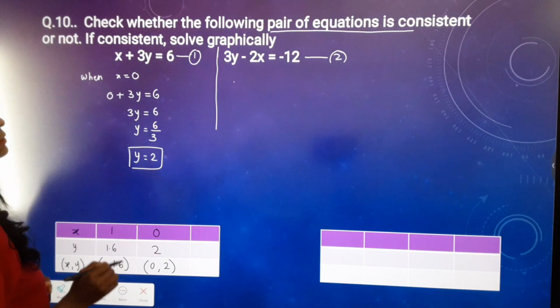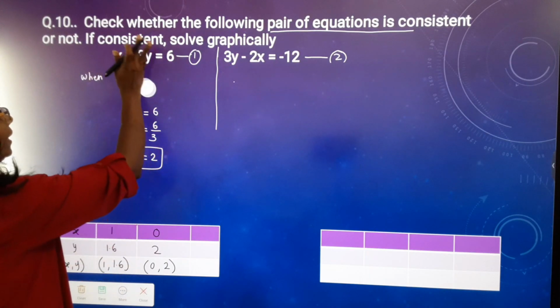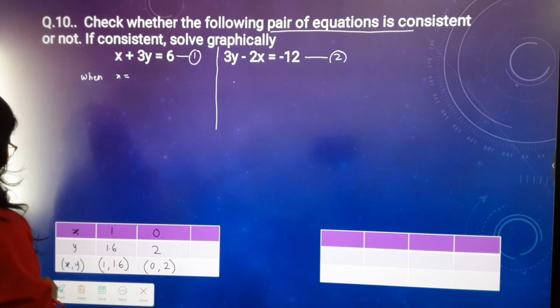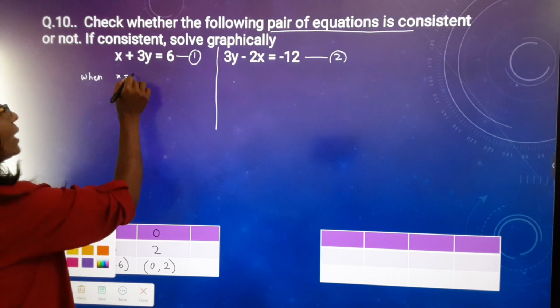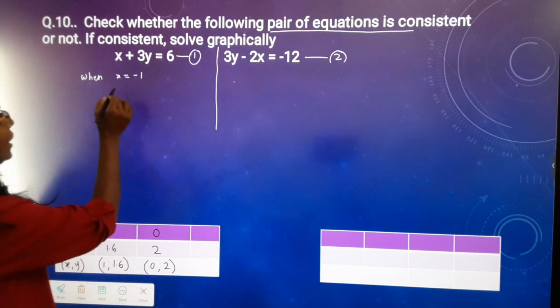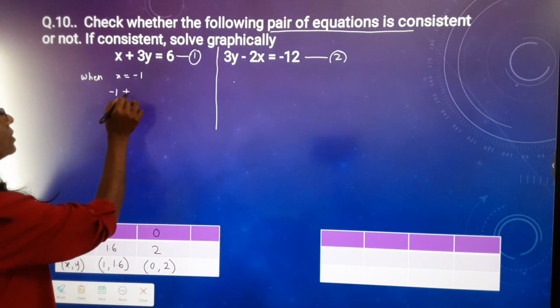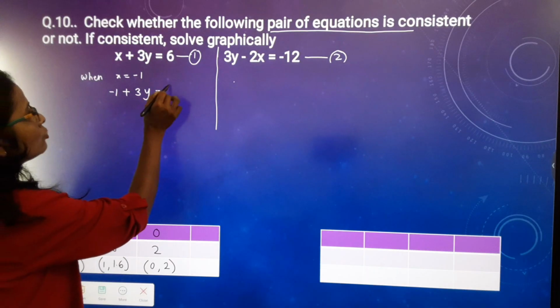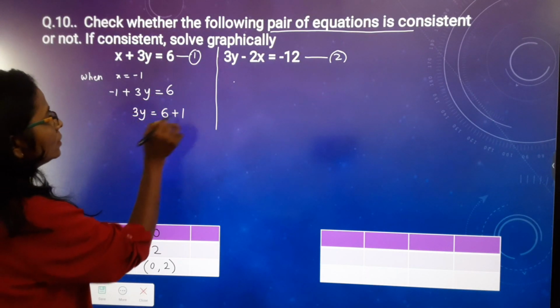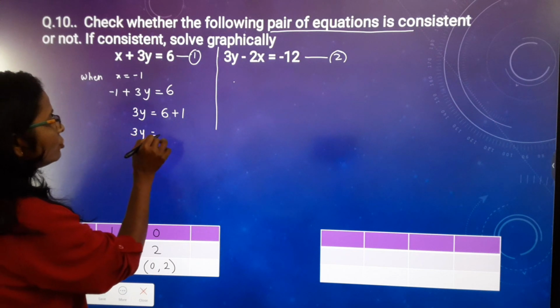Then next, I also take a negative value, that is minus 1. Now minus 1 plus 3y is equal to 6. So 3y is equal to 6 plus 1. So 3y is equal to 7.